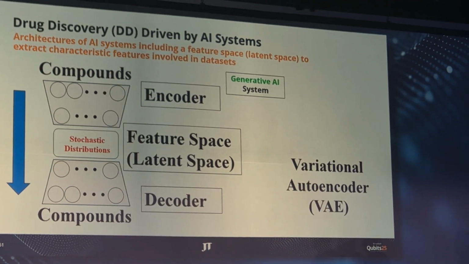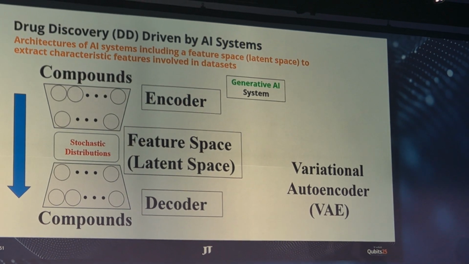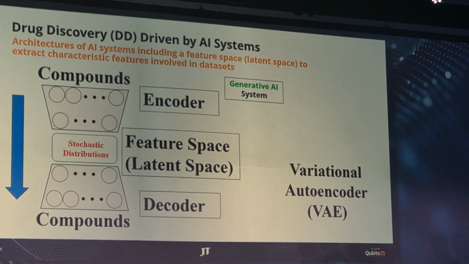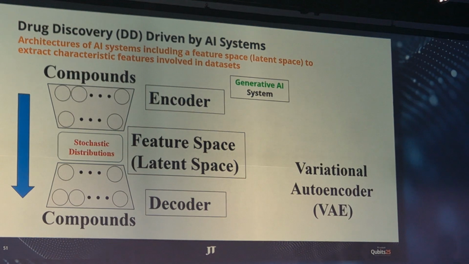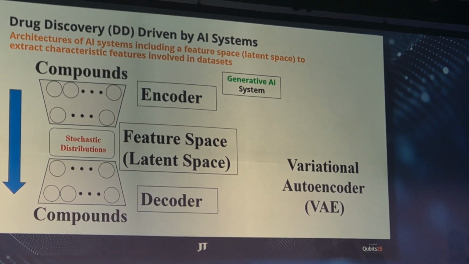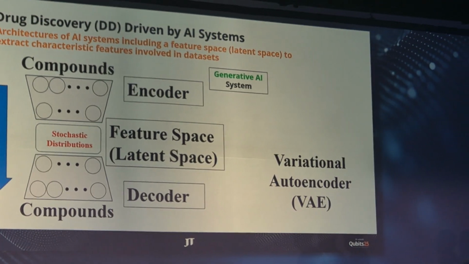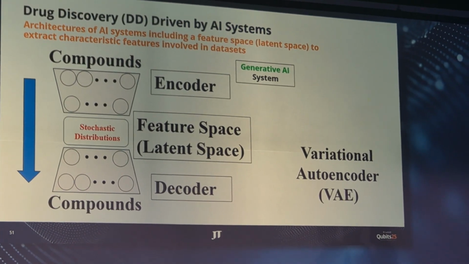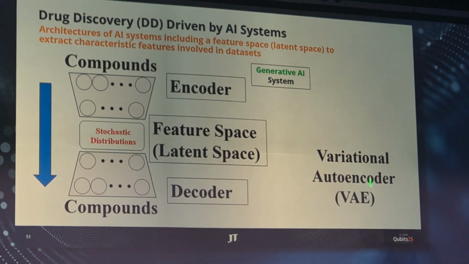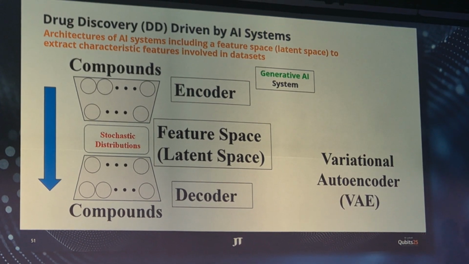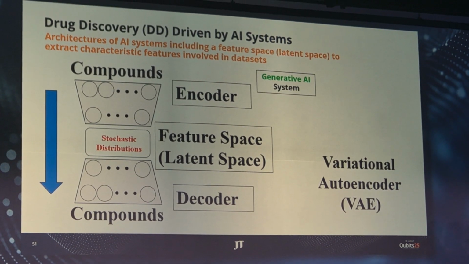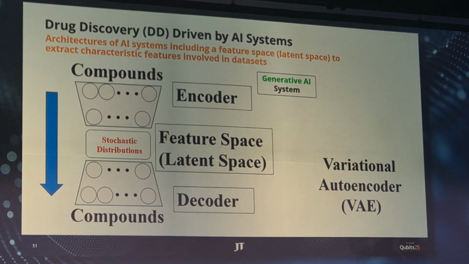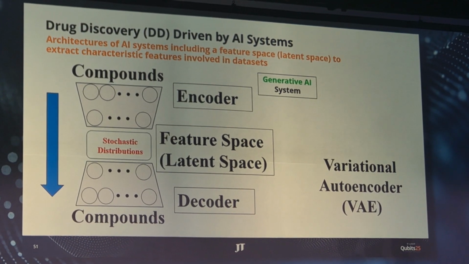So using this, we would like to generate the new compound, pharmaceutical compound candidates. This is a generative AI system. In particular, VAE could be a platform to add other technologies, algorithms, theories.